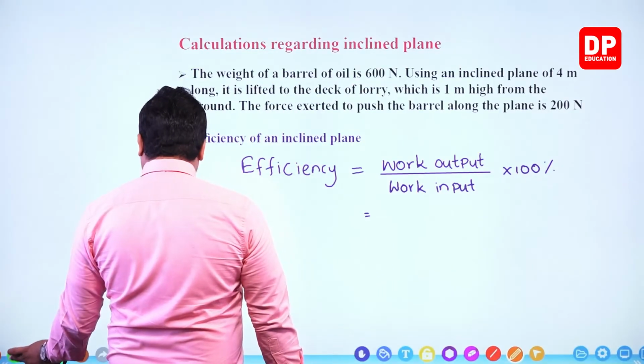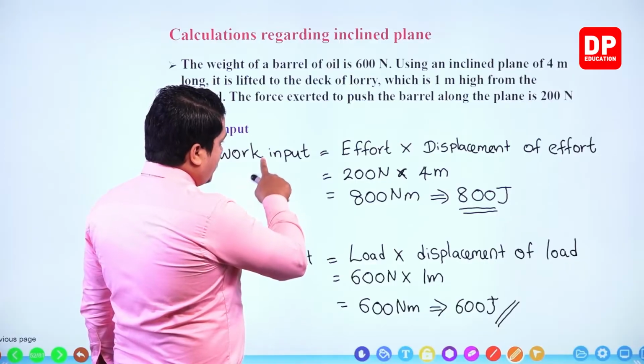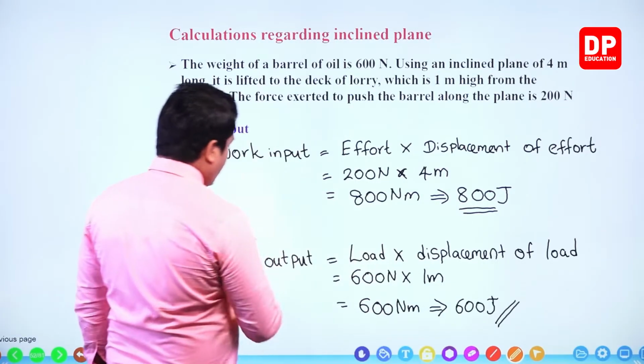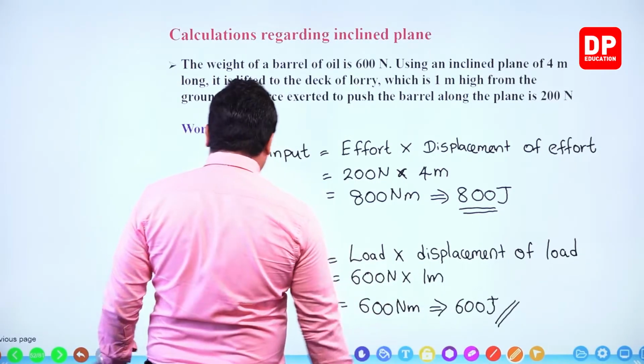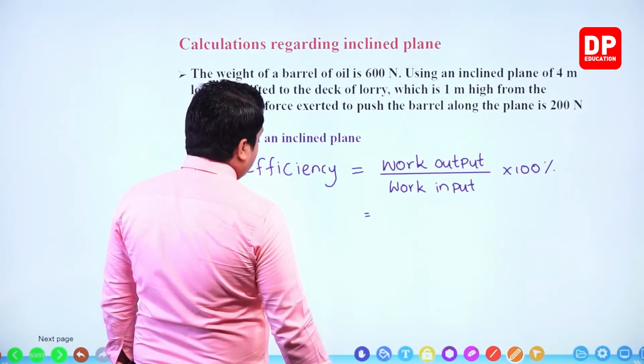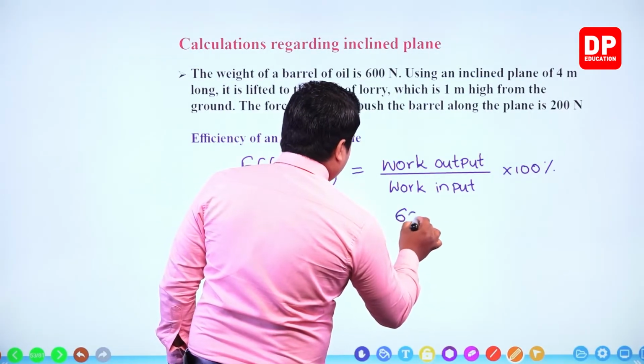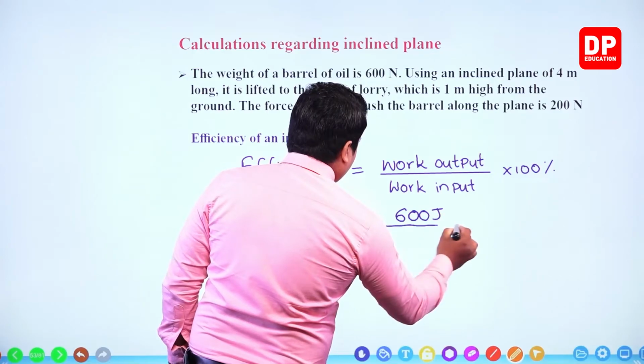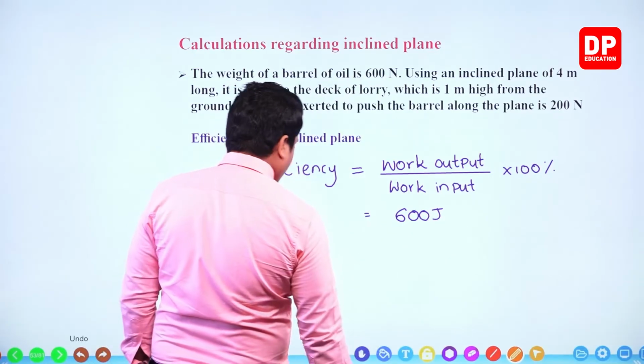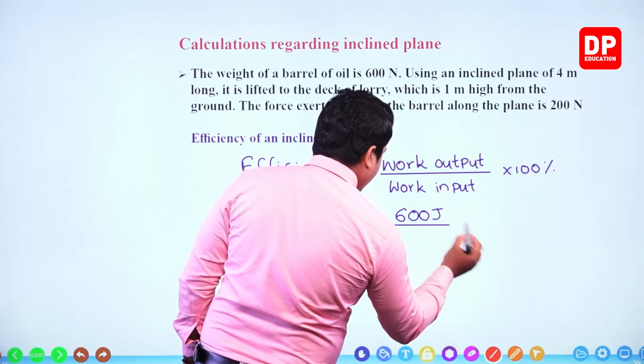Let me go to the earlier slide once again. Work input 800, work output 600. So work output 600, work input 800.